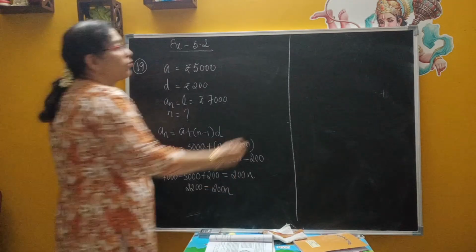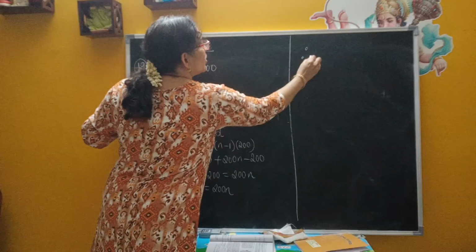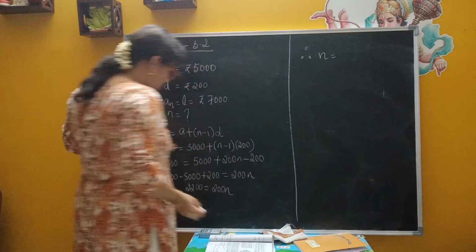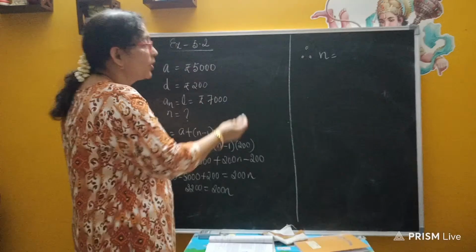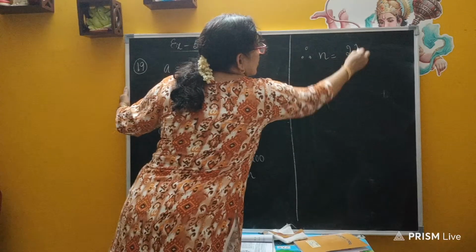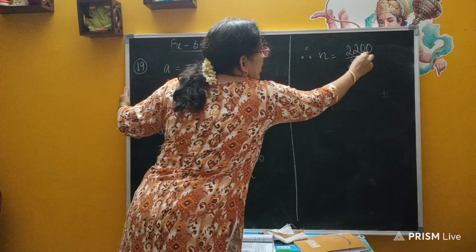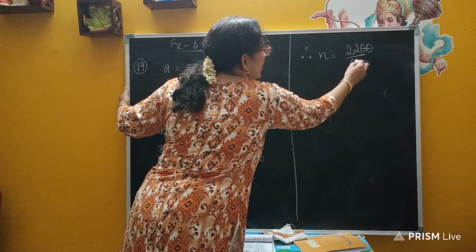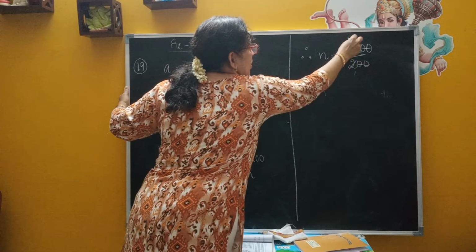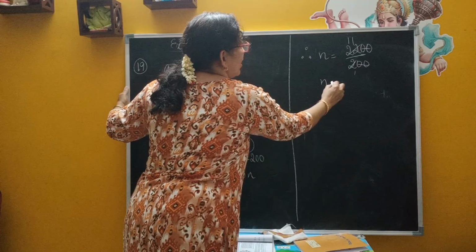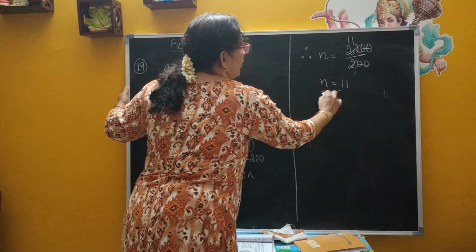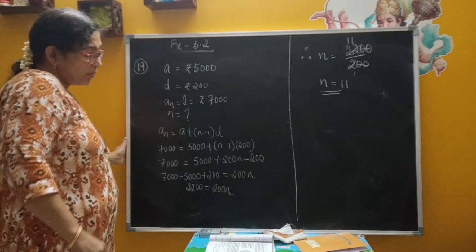Therefore, n is equal to 2,200 divided by 200. Cancel. 2 ones are 2, 11s are 22. So the n value is 11. What is your conclusion?